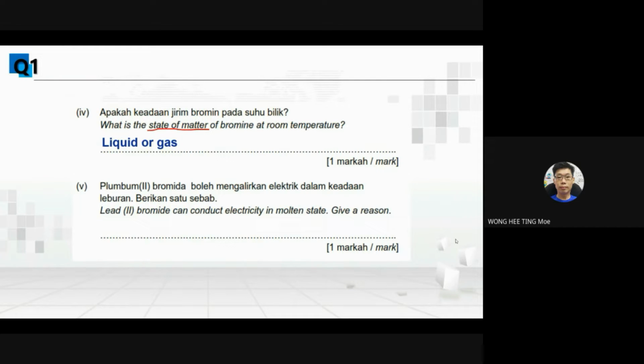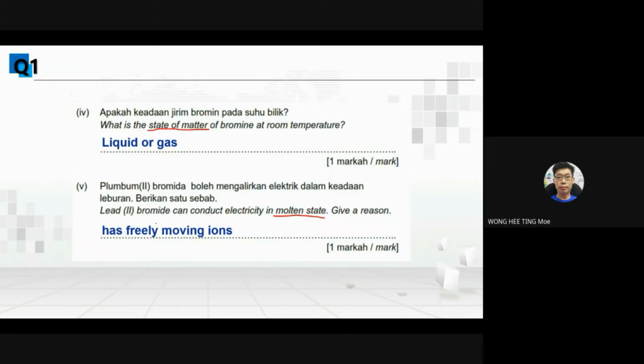Okay, next. Lead bromide can conduct electricity in the molten state. Give a reason. So in the molten state, what is your answer? It has freely moving ions.